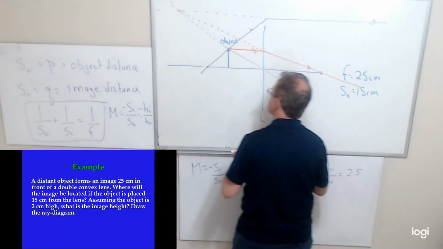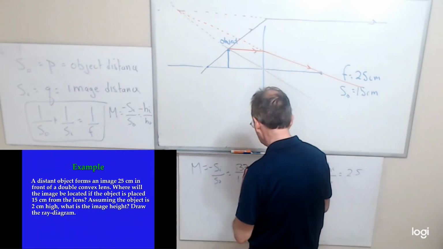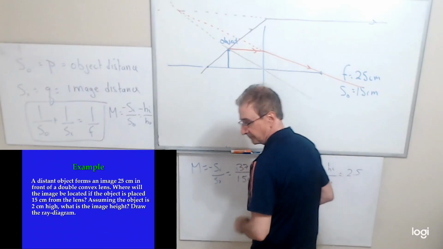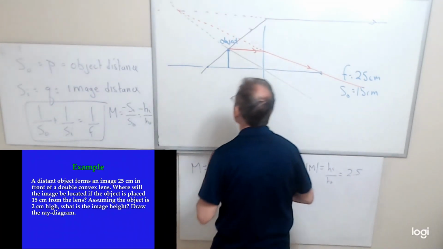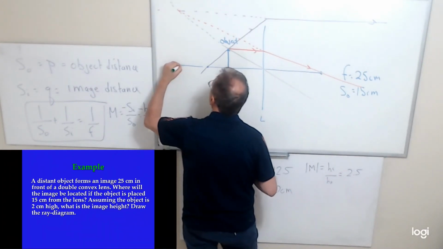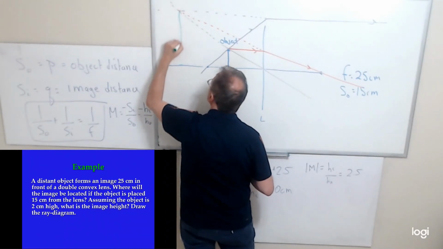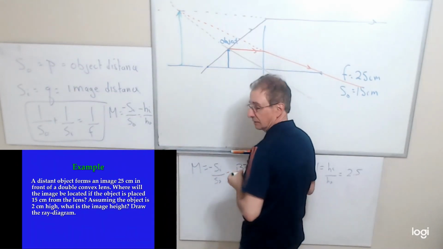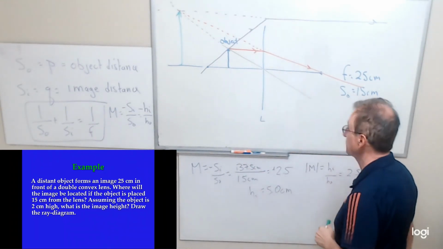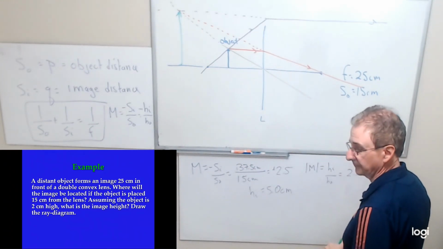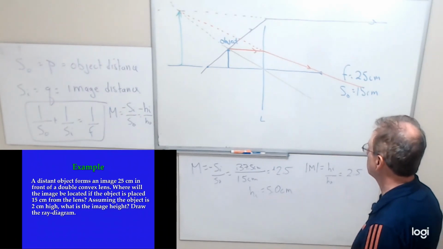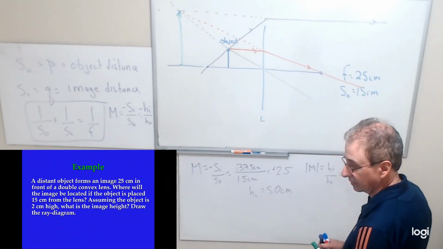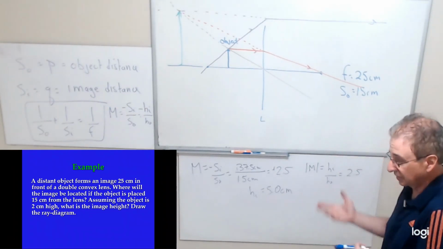That's pretty close. And so the image is right there. That's the location of my image. It's bigger than the object, which is what should happen. Alright, that's it. That's how you draw the ray tracing.